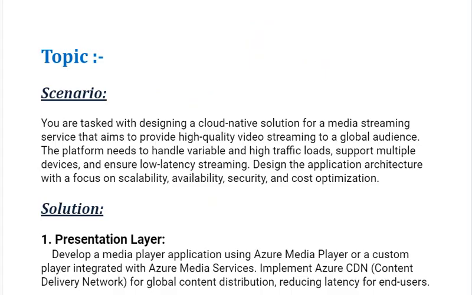Now moving towards the scenario-based interview question. Our scenario is: you are tasked with designing a cloud-native solution for a media streaming service that aims to provide high-quality video streaming to a global audience.